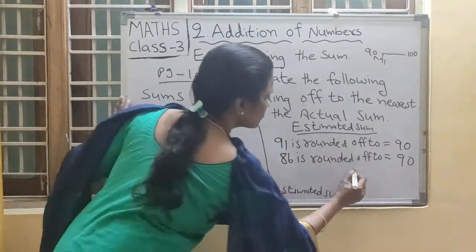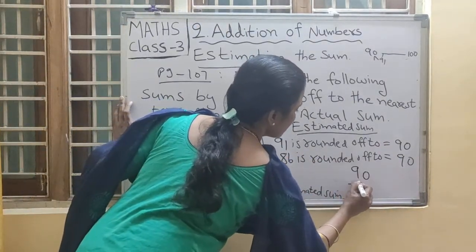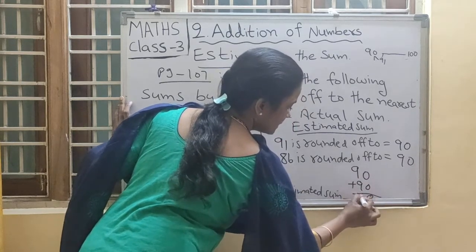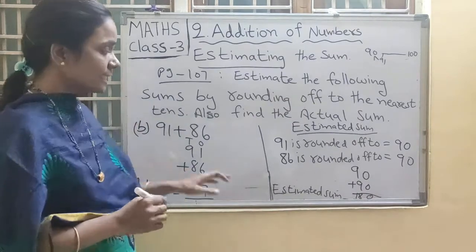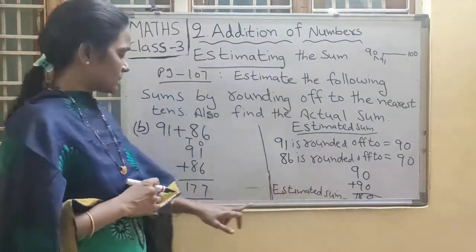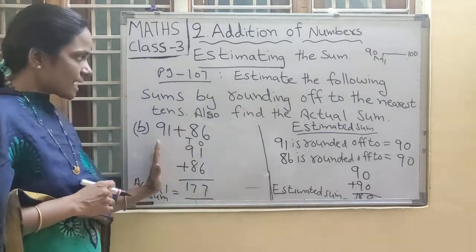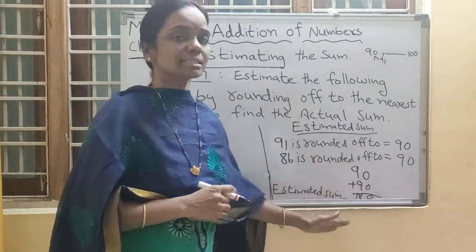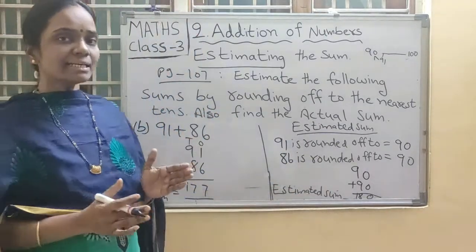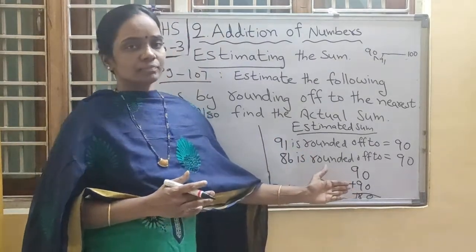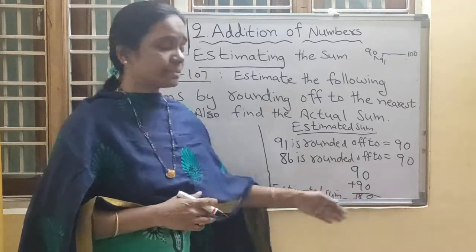Now add these two numbers. 90 plus 90. 0 plus 0 is 0. 9 plus 9 is how much, children? 180 is the estimated sum and the actual sum is 177. So this is the actual sum. This is the estimated sum. Means we are taking the estimation values of these numbers and we are finding the estimated sum.